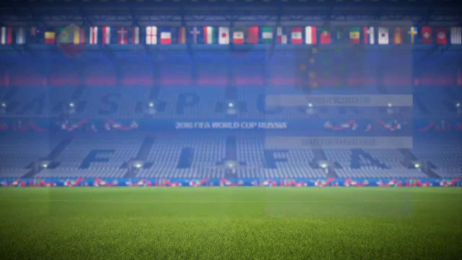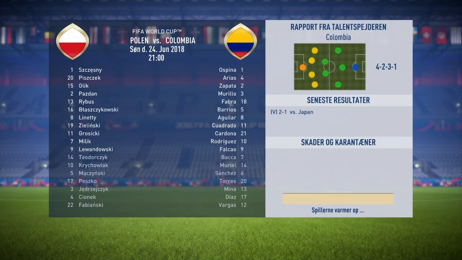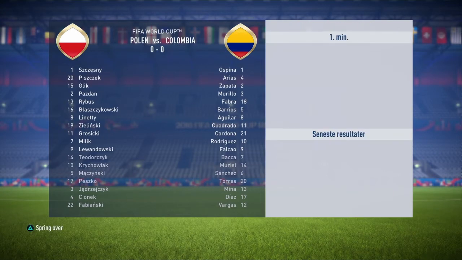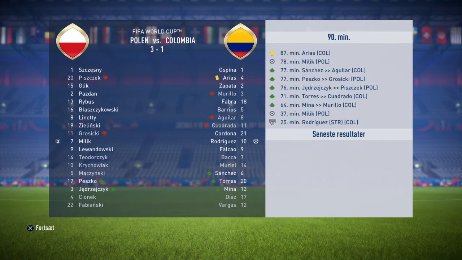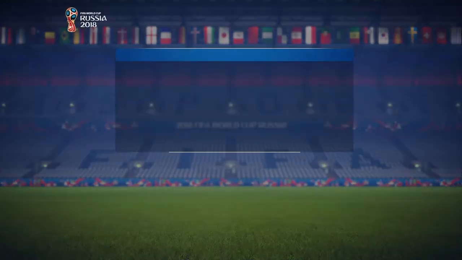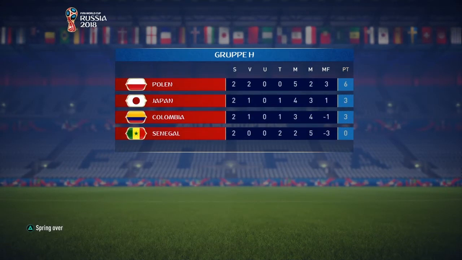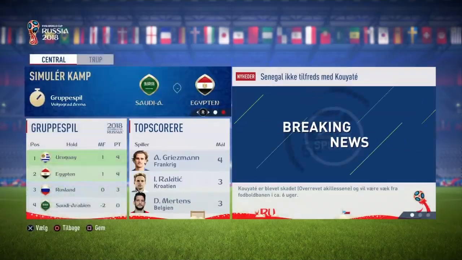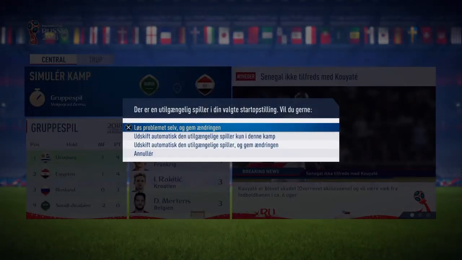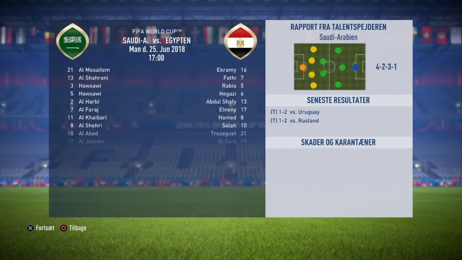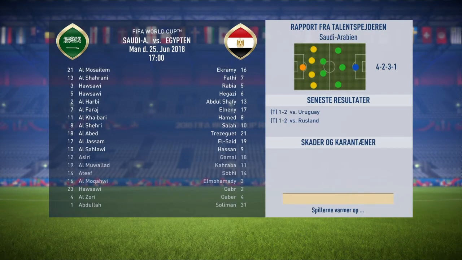Now we got Poland against Colombia. Poland win 3-0. Milik scores a hat-trick. Interesting again. So they go on top of this group, and Senegal are definitely out. Saudi Arabia against Egypt. Let's just make that substitution that needed to be done.